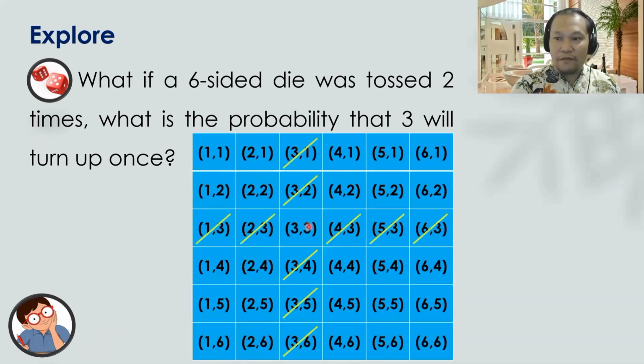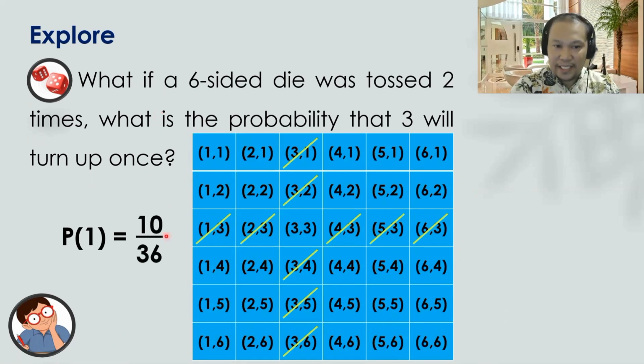Therefore, we have a total of 10 outcomes where 3 turns up once over 36 listed outcomes when a six-sided die was tossed 2 times. So the probability that 3 will turn up once is 10 over 36, with 10 as the total number of outcomes where 3 appears once, all over 36.